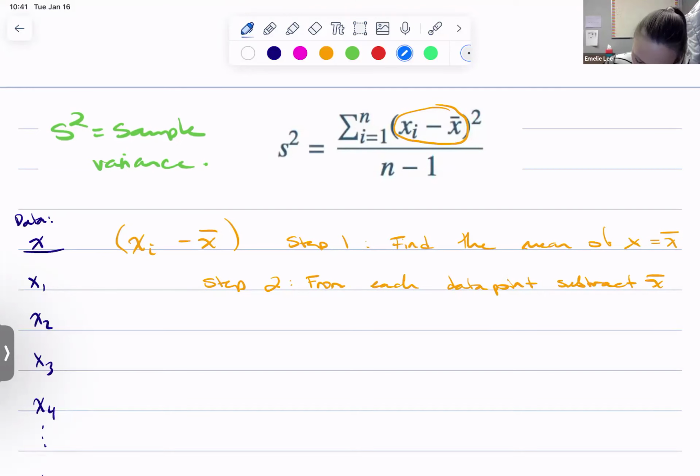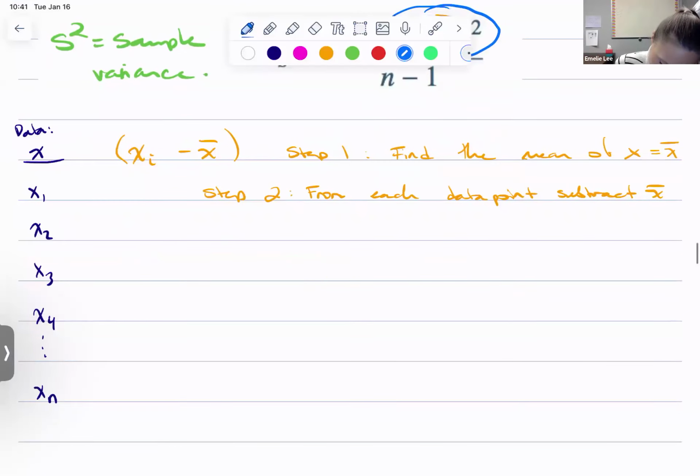So then the next part, and what you're going to notice is that we always just build out kind of like an onion, right? We move out from the very center of this equation. And so now I have xi minus x bar squared.